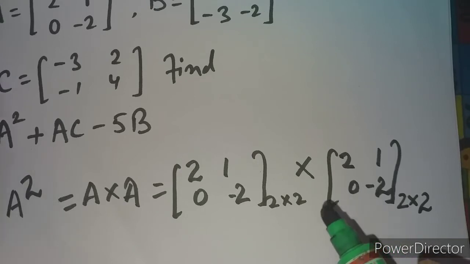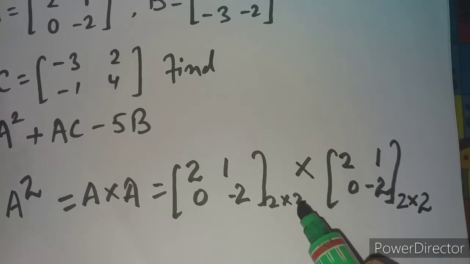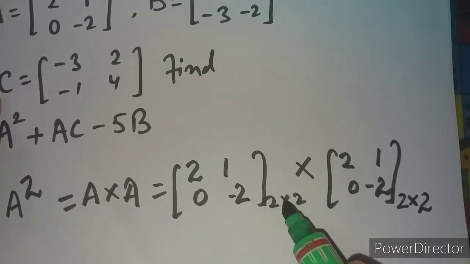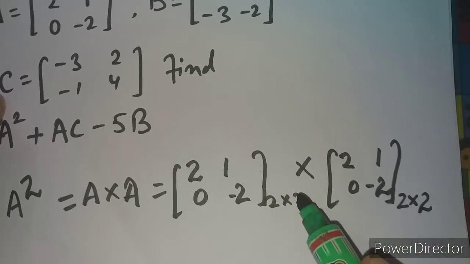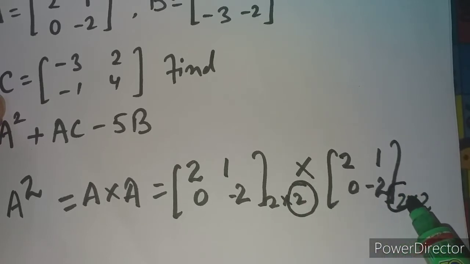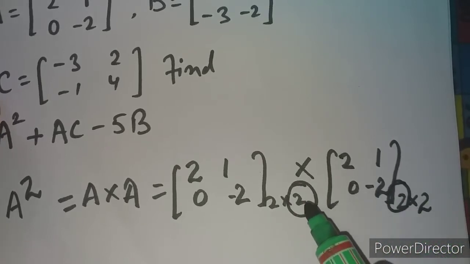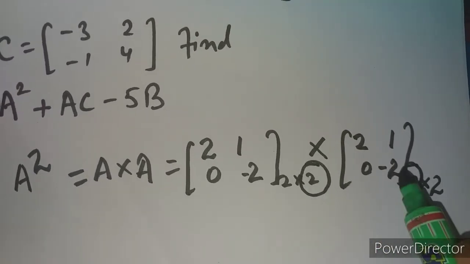I am repeating for those who have missed: the number of columns in the first matrix should be the same as the number of rows in the second matrix. This and this should match. If these two match, then the multiplication is possible.